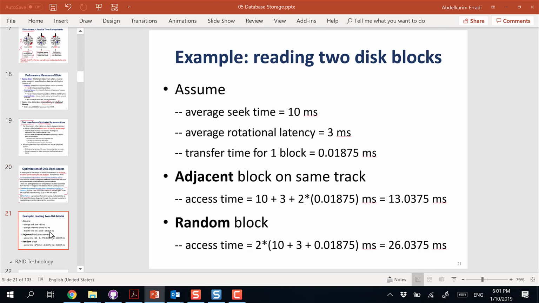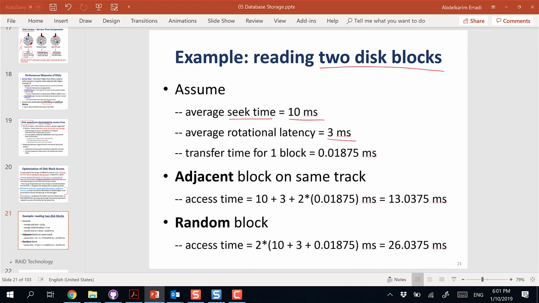Okay, so this is just to highlight the importance of having contiguous blocks or blocks that are next to each other. So let's just take a very small example here. Let's take an example where the seek time is 10 milliseconds. This is the time it takes for the arm to move to the correct track to read the block that we want to read.